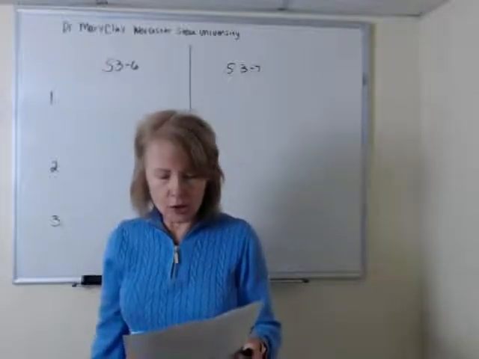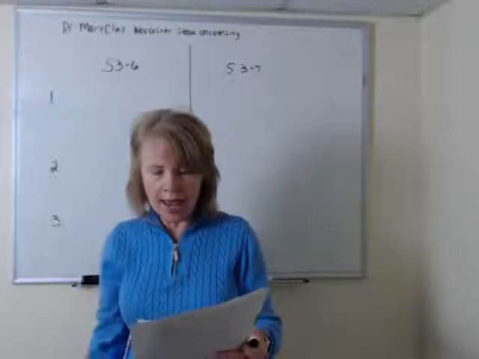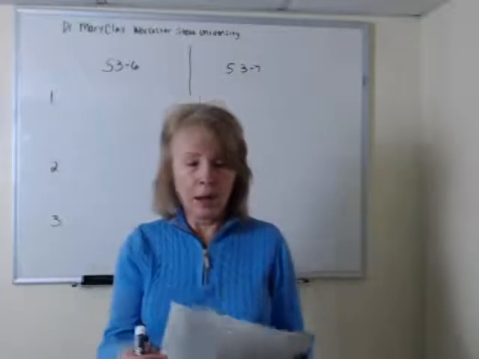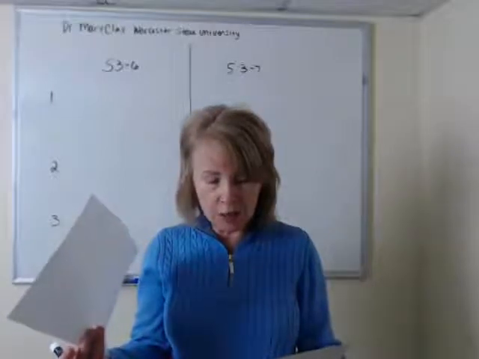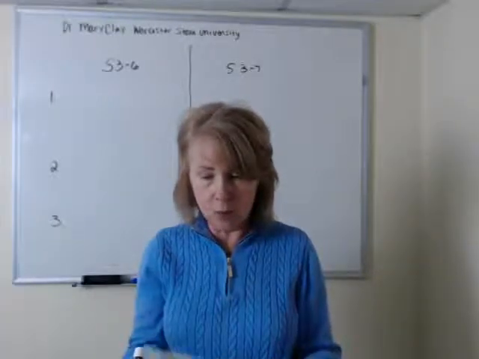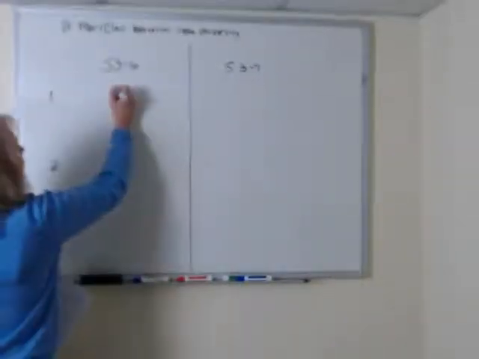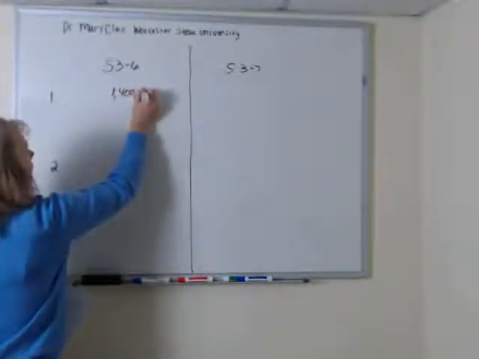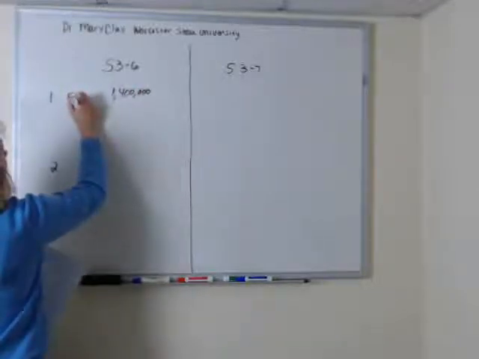Allocation base. Number one says, assume that the company uses direct labor hours as its manufacturing overhead allocation base. Your numerator is the estimate of manufacturing overhead costs, $1,400,000. And that is estimated overhead.